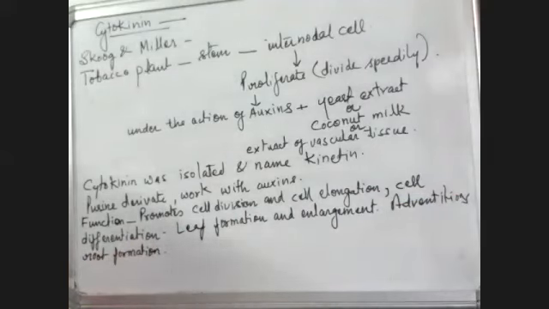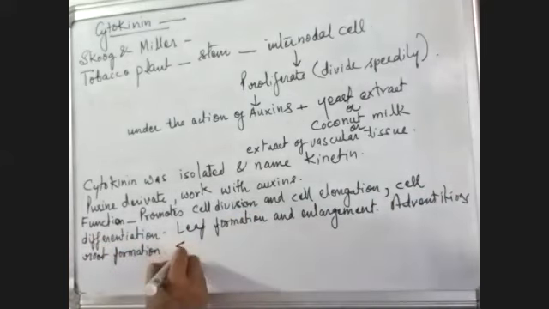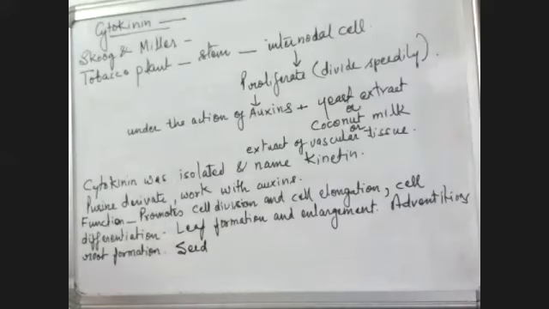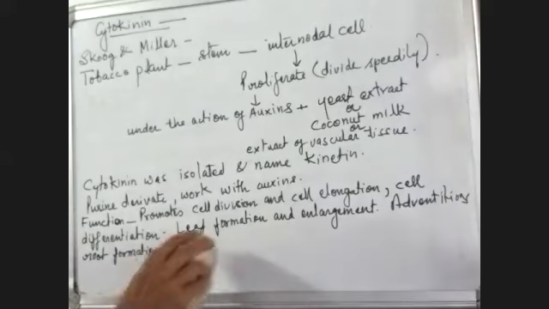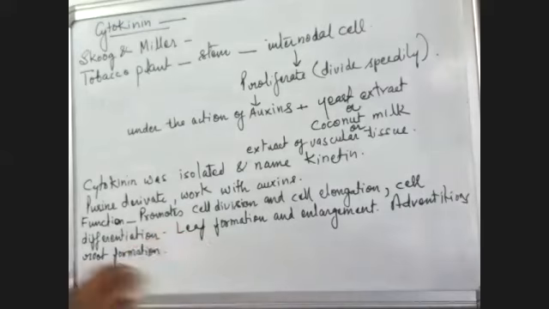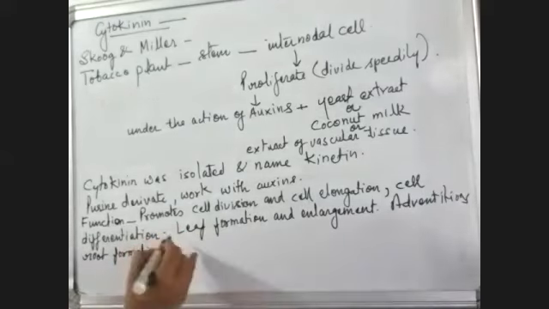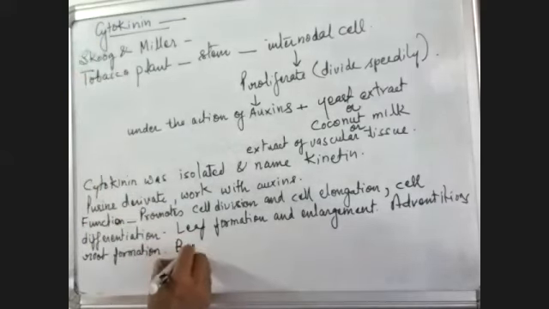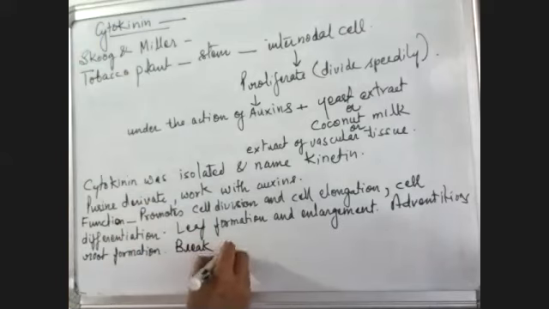Along with this, it breaks seed dormancy. Seed dormancy means that even in the presence of favorable conditions, the seed doesn't grow. But when such seeds are treated with cytokinins, they grow, they germinate. So cytokinins break seed dormancy.